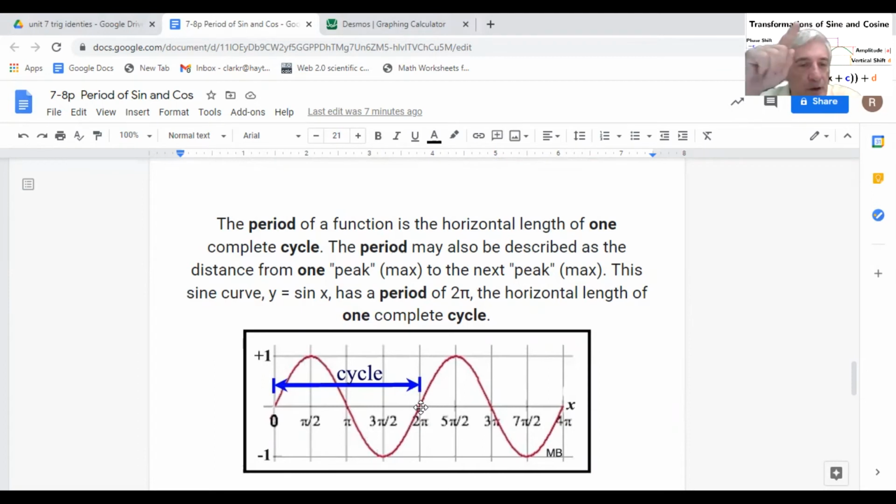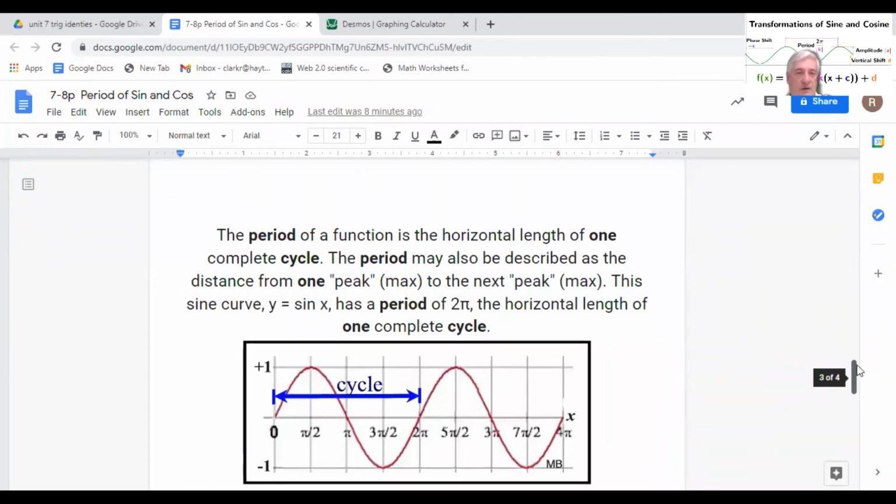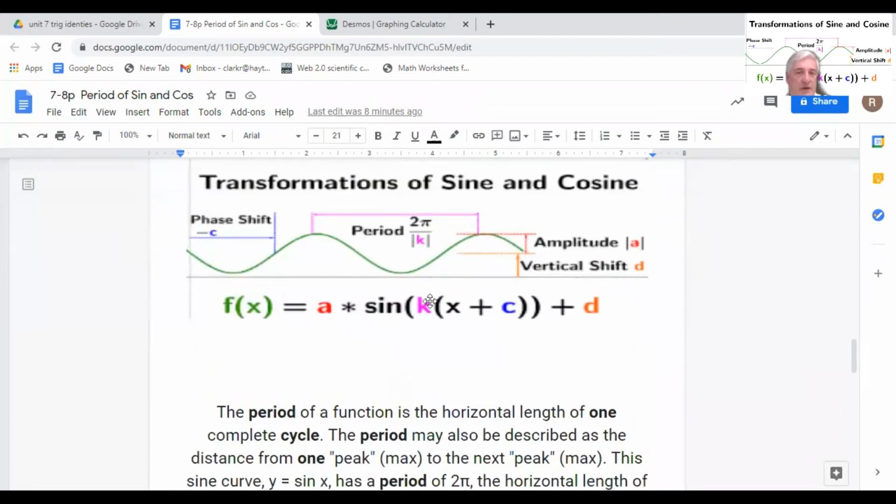It is 1 up hump, 1 down hump. Now, that's what a period is. It's one cycle. How do we get the period? It's going to be right there in front of x. When we change x, it's normally 1x. When we change that, we'll get a different period.